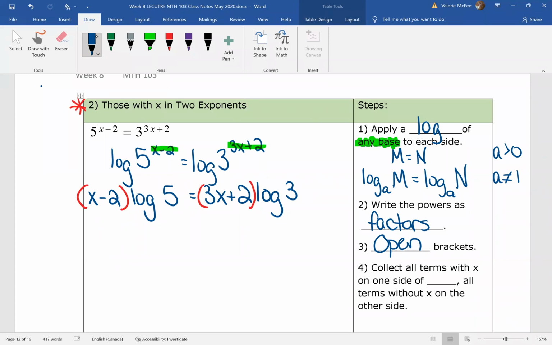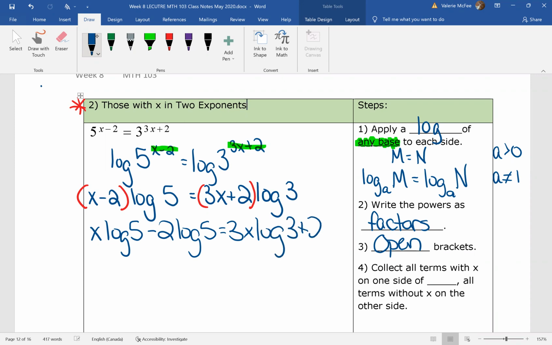So if you didn't have brackets, put them in. We're using the distributive property. So now we have x times the common log of 5 minus 2 times the common log of 5 equals 3x times the common log of 3 plus 2 times the common log of 3.